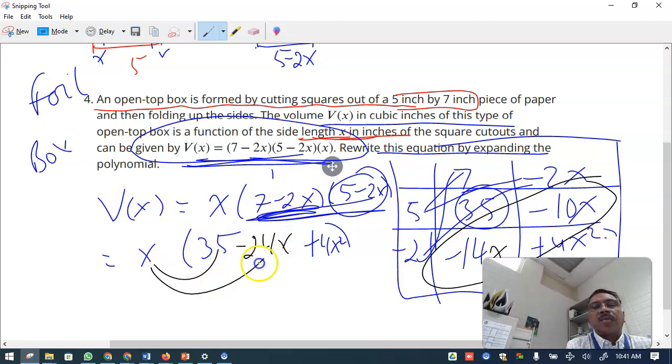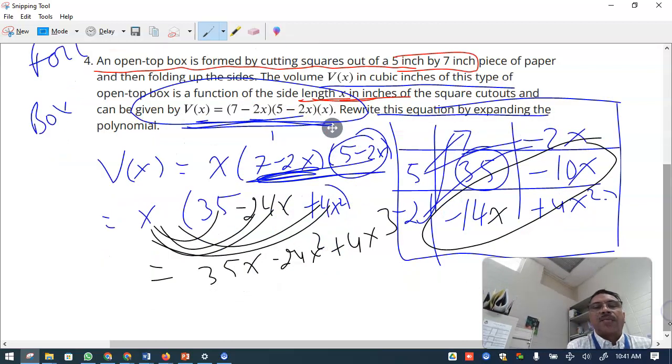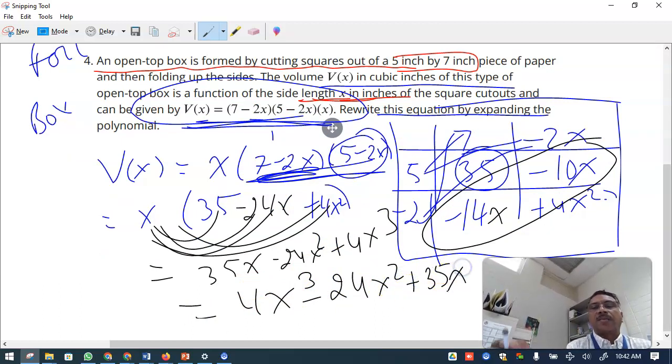Then use the distributive property with the x, so you get 35x minus 24x squared plus 4x cubed. There you go. So you get a nice function, 4x cubed minus 24x squared plus 35x, and you're done.